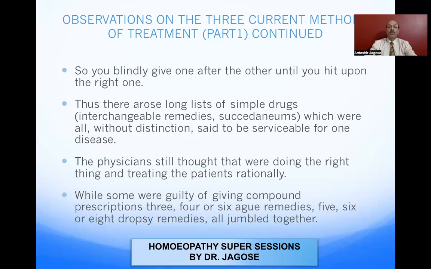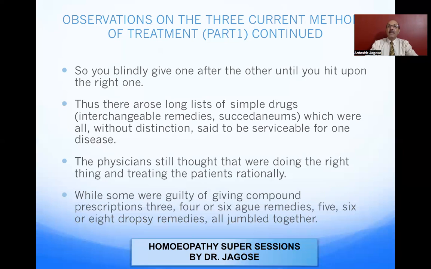Succedanea means which follows through or which follows well, which were all without distinction said to be serviceable for one disease. So therefore, if you blindly give one remedy after another, you'll have a very, very long list of interchangeable remedies, or remedies which may follow well.